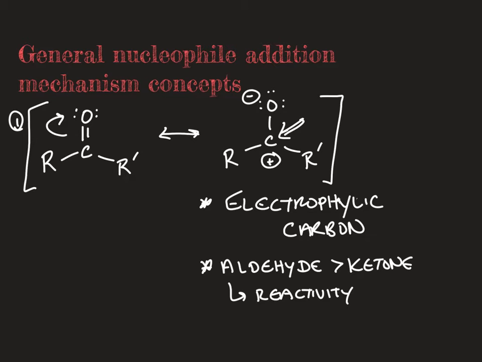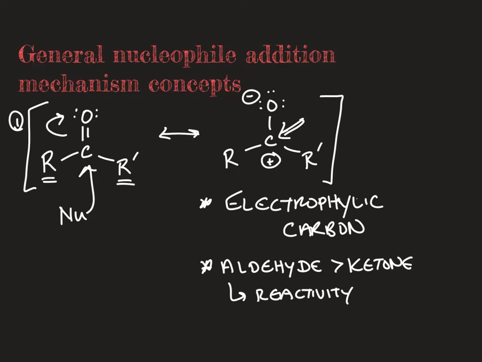And that's for a couple of reasons. One is if you're using a ketone, these R groups add steric. So if your nucleophile is trying to come in and attack, if those R groups are big and bulky, and there's 2 of them, it's going to be more difficult for that nucleophile to get into that space.